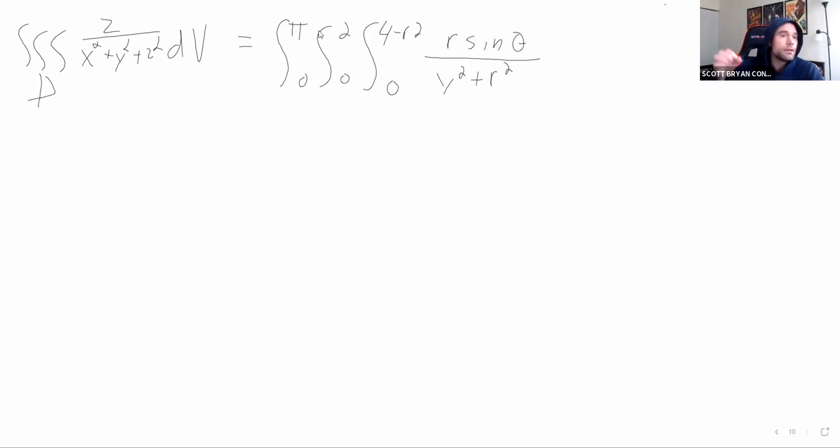And then dv becomes r still dy dr d theta. So let's just multiply through by r. We get r squared. So this looks like this might be not very pretty, but let's check it.